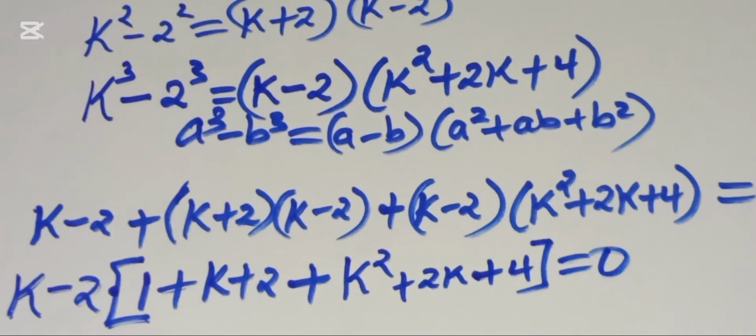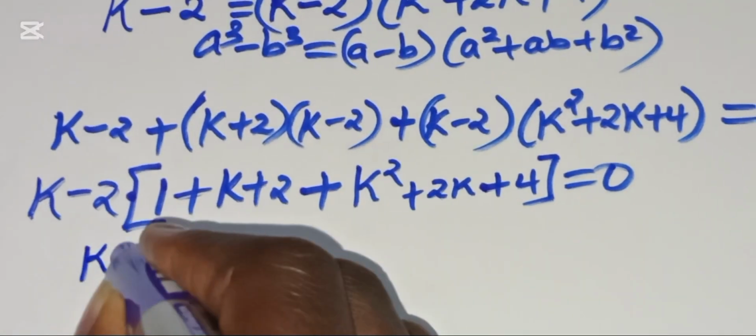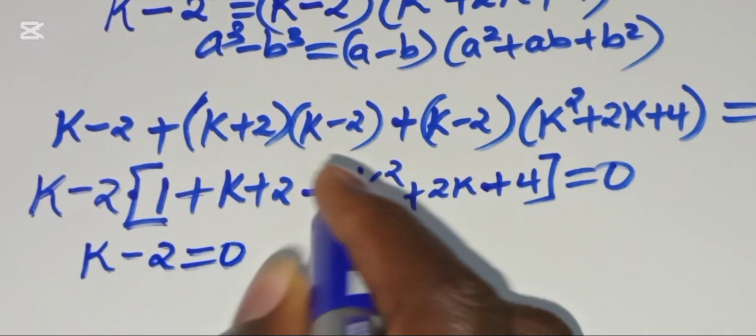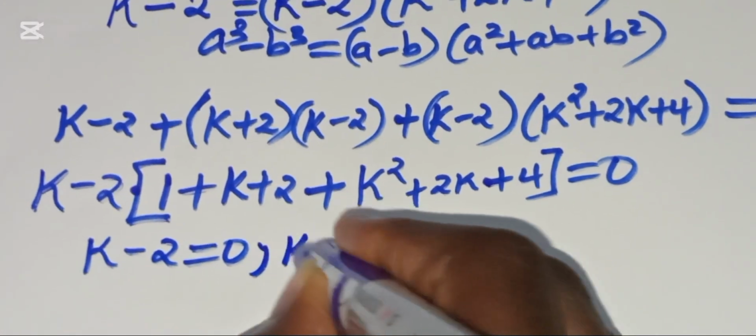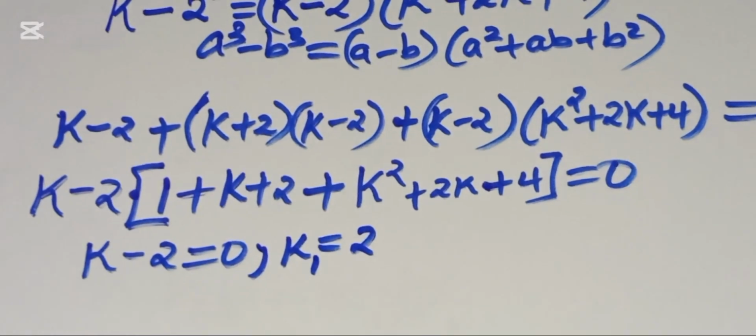Okay, so you can see clearly that the first value of k, which is k subtract 2, is equal to 0. That means that k is equal to 2. You can call this one k1 is equal to 2.